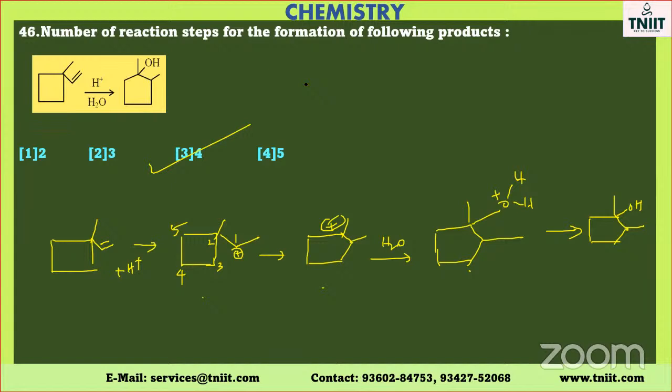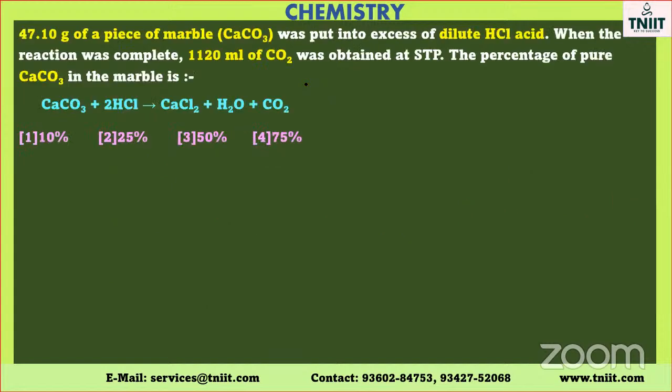Next question. 10 grams of a piece of marble. Marble is calcium carbonate, was put into excess of dilute hydrochloric acid. When the reaction was complete, 1120 ml of carbon dioxide was obtained at STP. The percentage of pure calcium carbonate in the marble is.